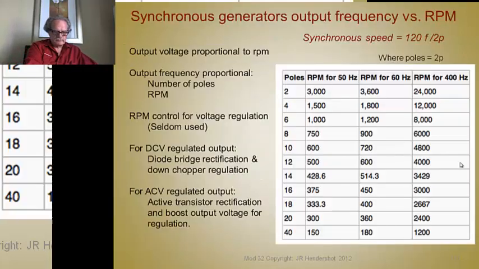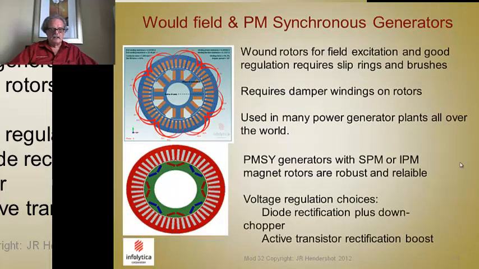One design of an exciter is a permanent magnet generator that's used on the same shaft of a wound field generator to eliminate the brushes, but that's really a permanent magnet generator in and of itself. But it has the added feature of being able to control the field for regulation for the wound field generator, which you can't do with the permanent magnet generator. You have limitations on the field control.